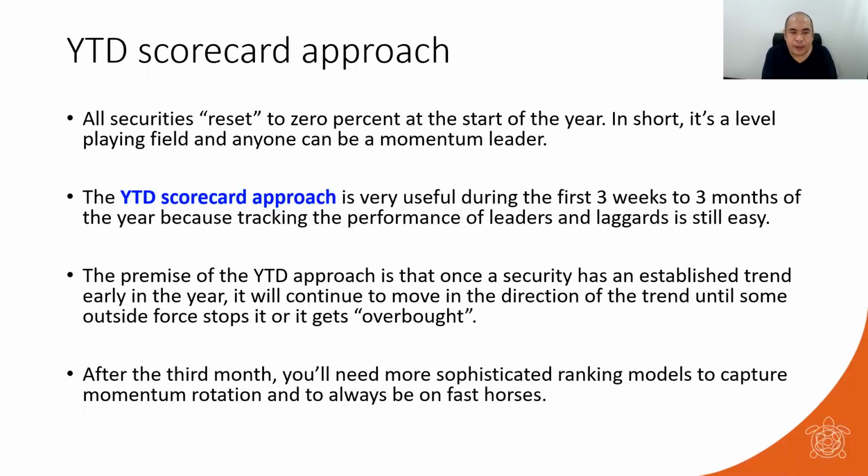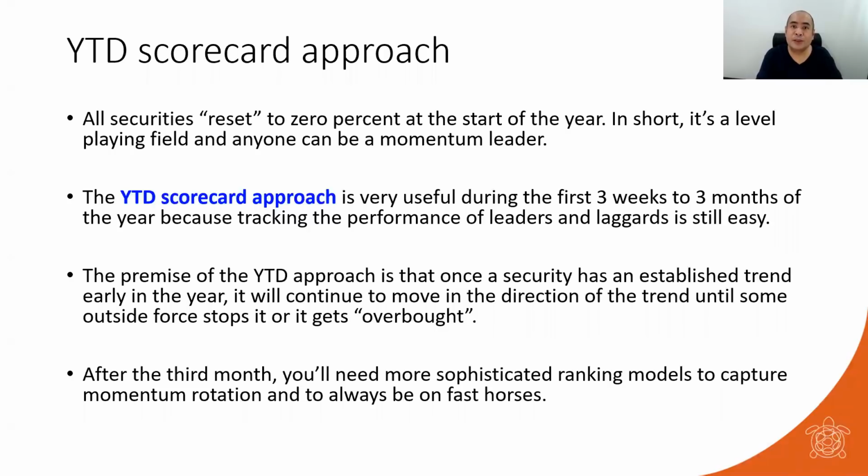The premise of the year-to-date approach is that once a security has an established trend, specifically over the first 3 weeks, that trend during the first 3 weeks will allow you to generate returns over the next 3 months. Now, it becomes tricky after the third month, because then you need to contend with momentum rotation.